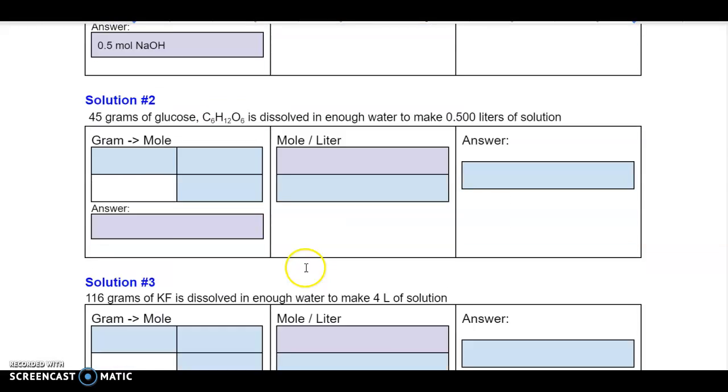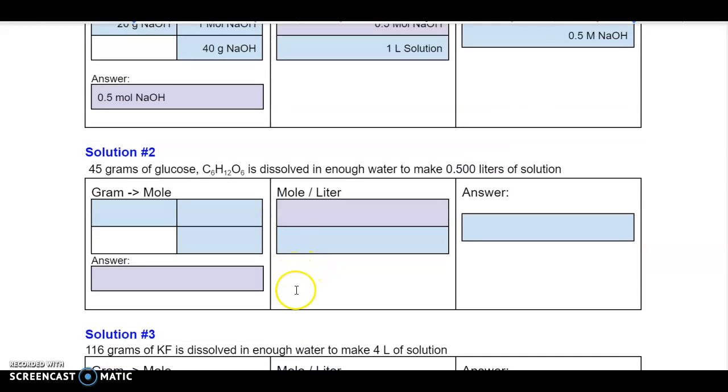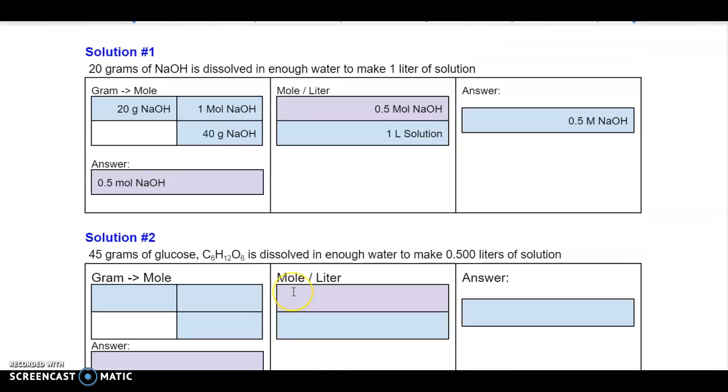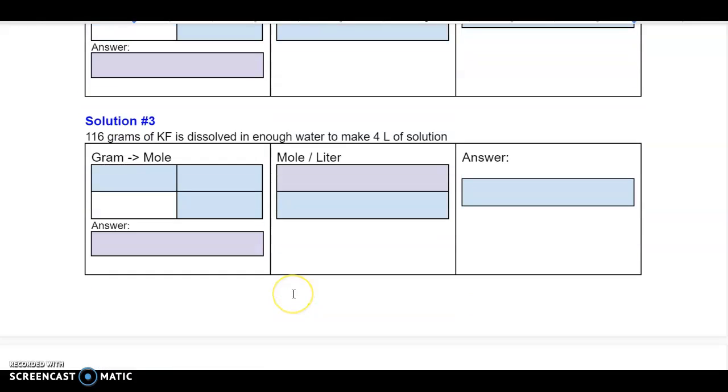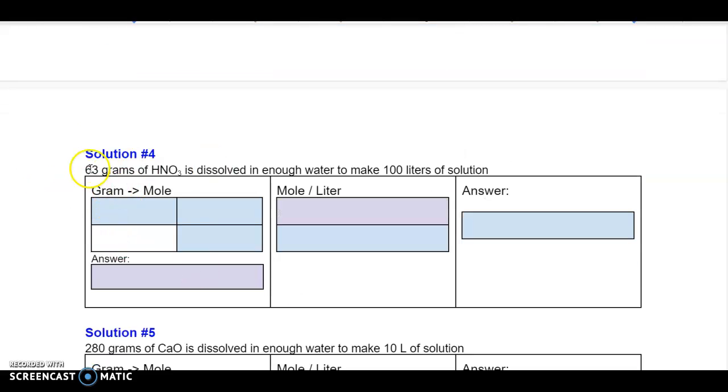And then once you are done with the math portions here, we can look at one more math problem. It's a little more complex, like 4 here. So we're going to have 63 grams dissolved in enough water to make 100 liters of solution.